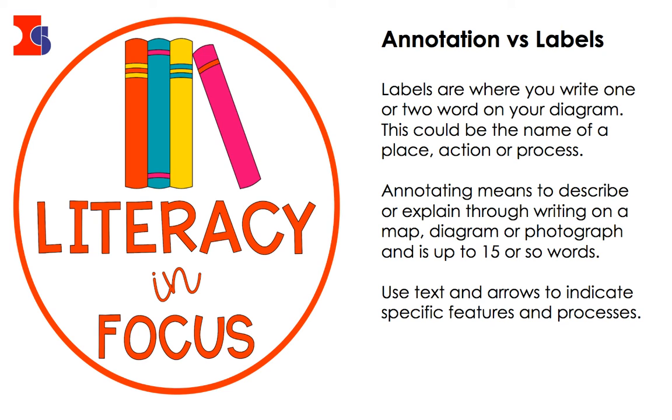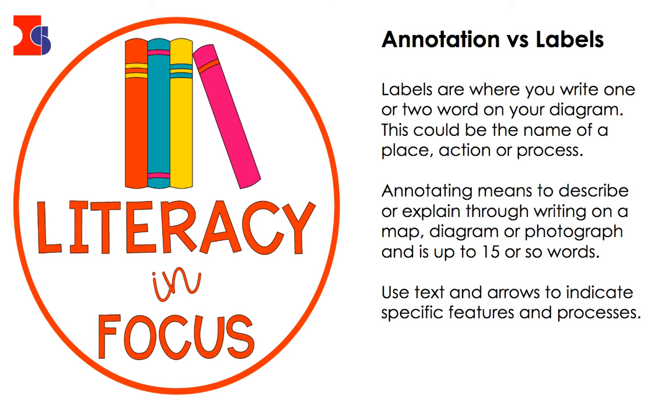You could be naming a place, an action, or a process that might be taking place. An annotation is you describing or explaining what is happening. It's not an extensive piece of writing, but we should be expecting anything between 10 and 15 words, and don't go over 20 words for an annotation.